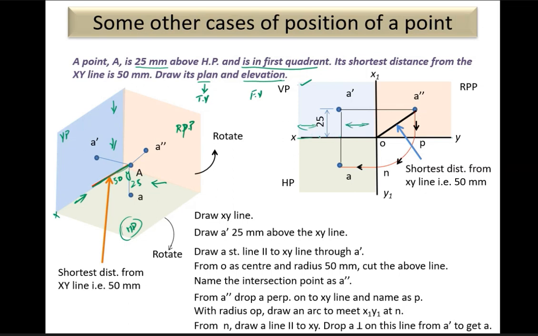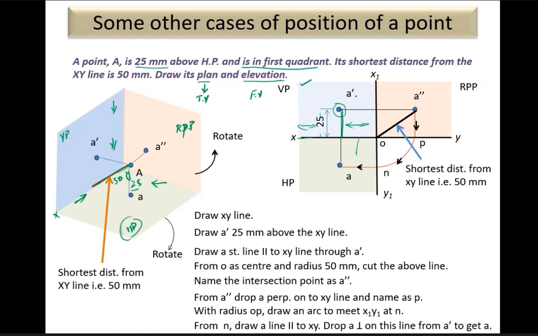You can start from here also. So take any point and make a 25 mm line above it, perpendicular to our XY line. It will give you a dash. We know this dimension is 25 mm over HP. Correct? Is it clear?